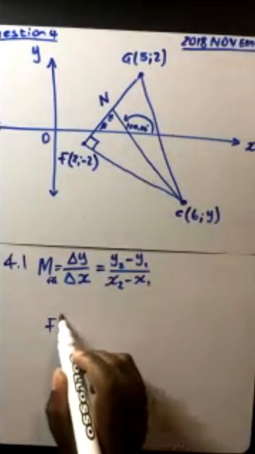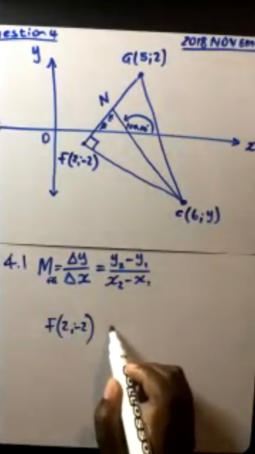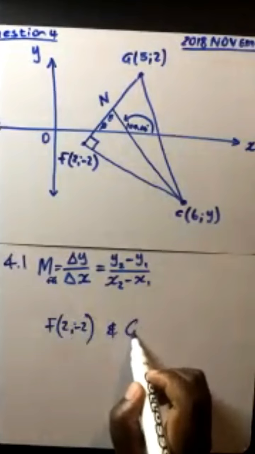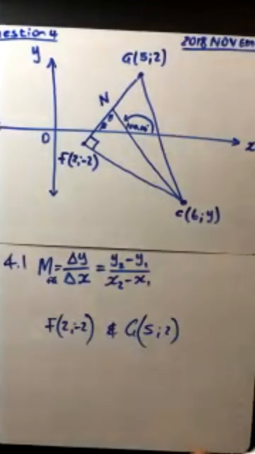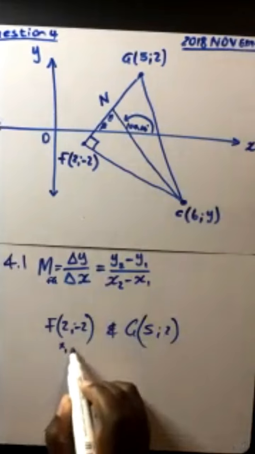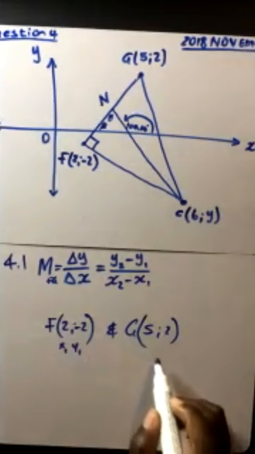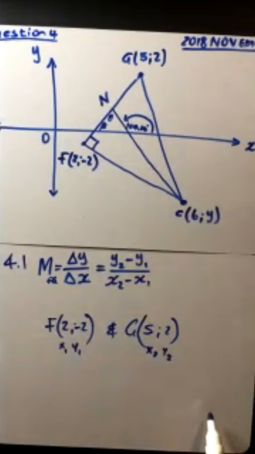Can you see? F comes first, which means we've got 2 and minus 2. And again, we've got G, where we have 5 and 2. So, ladies and gentlemen, that means this will be my x1, this will be my y1, x2, y2.